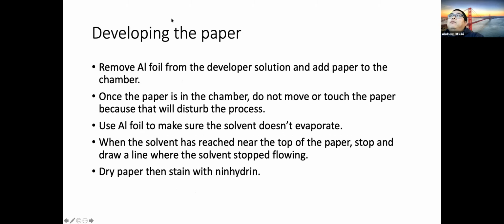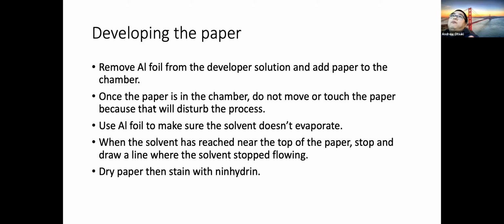So now the solution is really smelly. You will want to make sure you cover the solution with aluminum foil because it can evaporate, and you don't want it to evaporate when you're developing the paper. So you remove the aluminum foil, then you add the paper into the chamber.